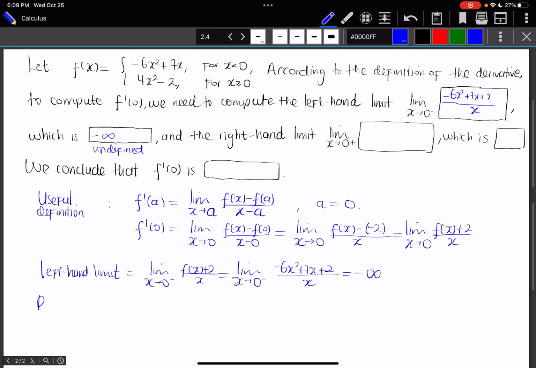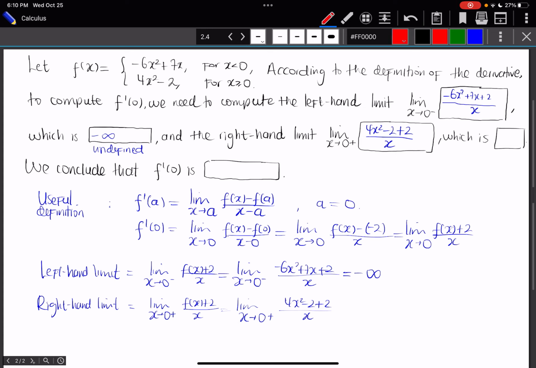Now, on the other hand, the right-hand limit is the limit as x approaches 0 from the right of f of x plus 2 divided by x. And this time we go with the formula 4x squared minus 2. And then plus 2 divided by x. So the expression we're finding the limit of is 4x squared minus 2 plus 2 divided by x.